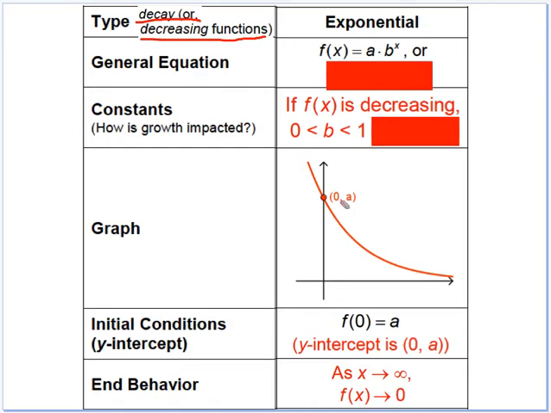And this is an inverse relationship. So as x increases, your y is going to decrease. And then notice you have an asymptote at y equals 0. Okay, so we are not going to cross that line. And so hopefully you have these two pages filled out.